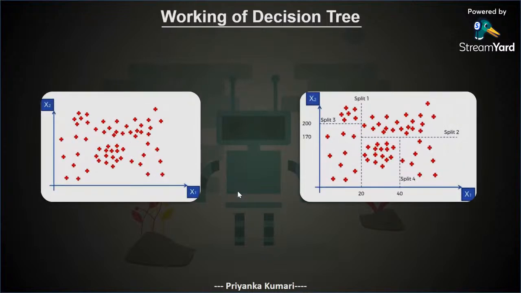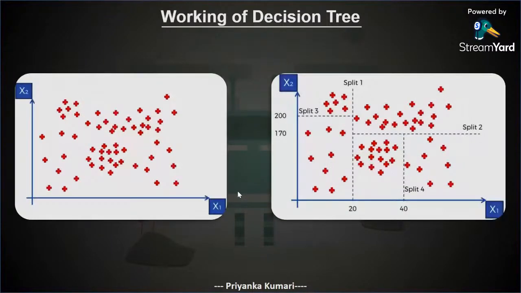Then let's understand the working of the decision tree more deeply. Here you can see that there is a plot on the left hand side, which is again a non-linear data plot, as the model can't be fit using a single line. So we can say that it is a non-linear plot.